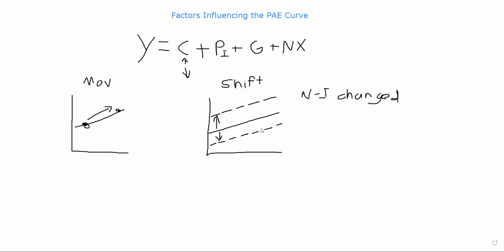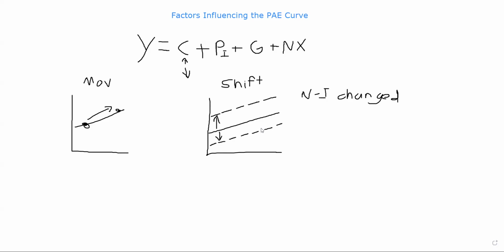An increase in foreign income would cause the PAE curve to increase, and inversely, a decrease in foreign income would cause it to decrease because of less exports. A decrease in exchange rates would cause a decrease in imports and exports, causing a decrease in the effect on the planned aggregate expenditure curve.